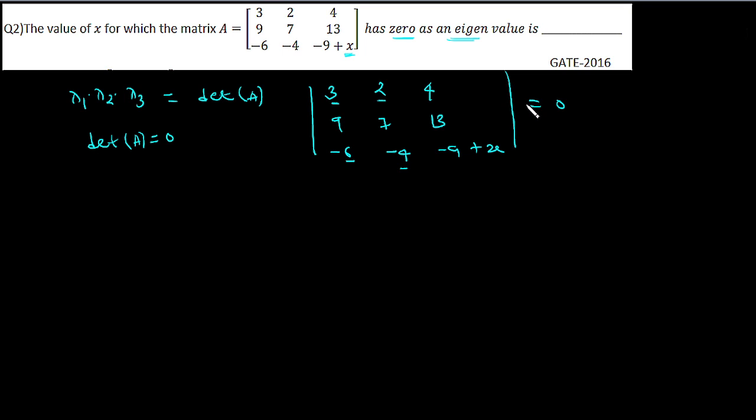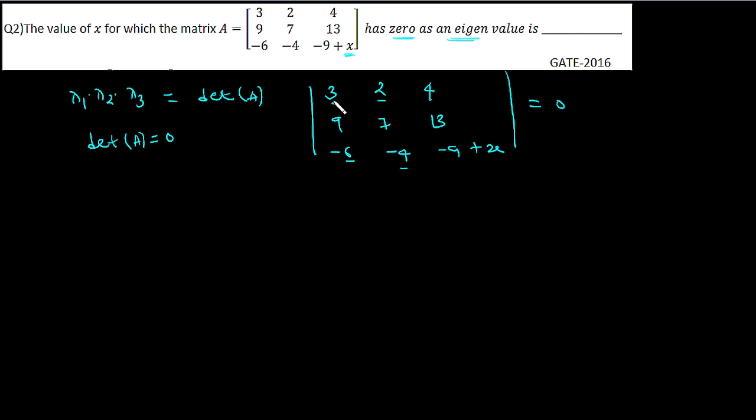We know that the determinant of this matrix is 0, and we also know that if the determinant of any matrix is 0, then at least two of its rows are linearly dependent. So here we don't need to find the determinant by expanding it. We just compare the entries of the first row, second row and third row, and we get the value of x.